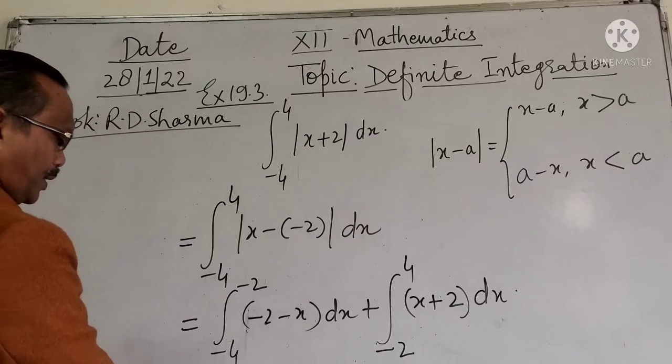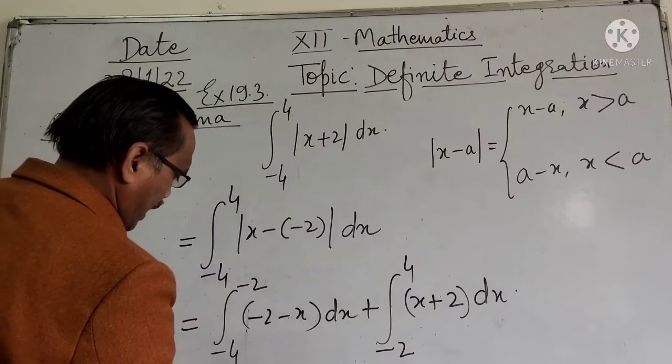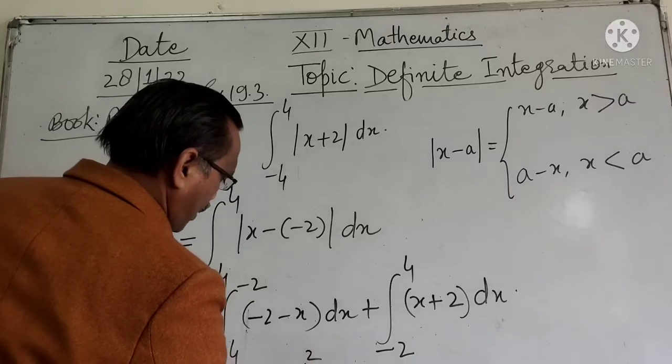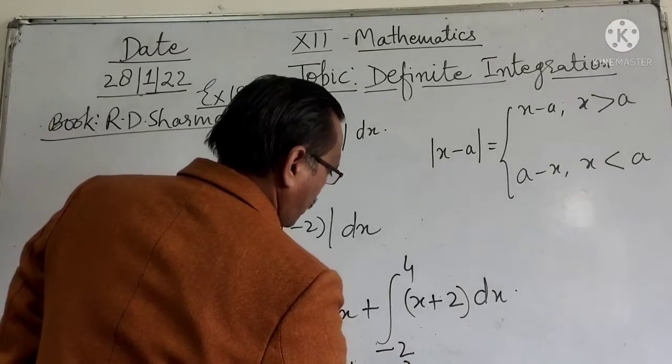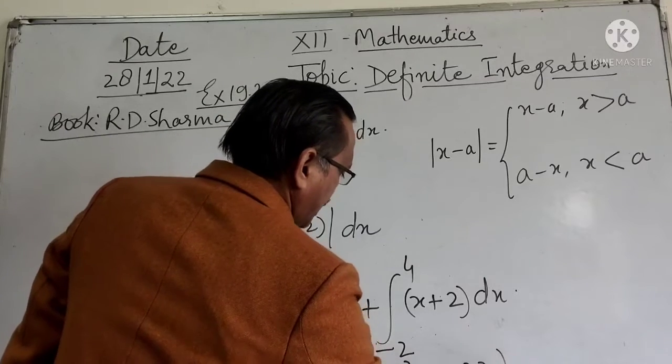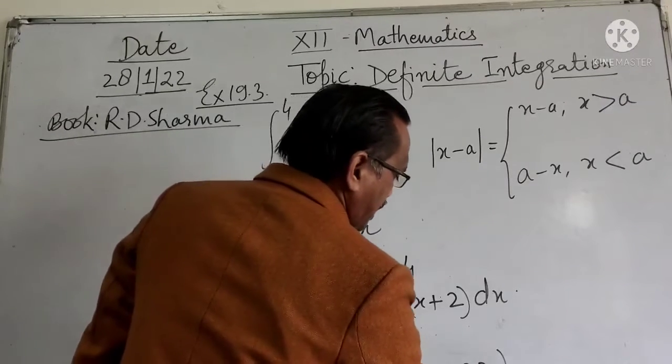Now here it is minus x square upon 2 minus 2x, plus x square upon 2 plus 2x, then limit is minus 2 to 4.